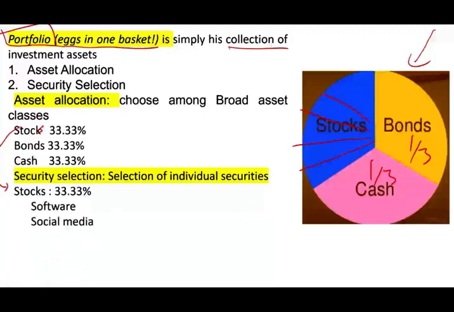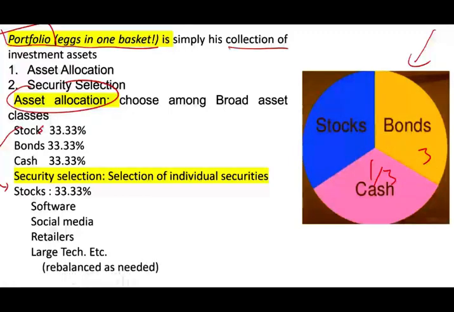Do we want to invest in social media like Facebook, Twitter? Do we want to invest in retailers? Do we want to invest in large tech, small tech, medium-sized companies, international, real estate, and so on and so forth? Same thing with bonds. We have security selection for bonds. So asset allocation is looking at the overall picture. Security selection is looking to invest in a specific stock.